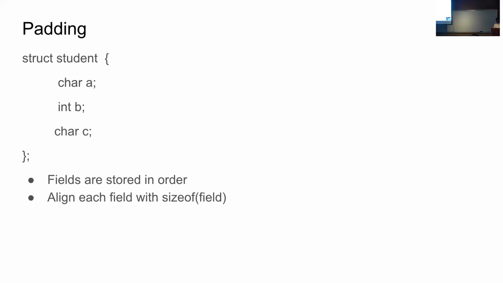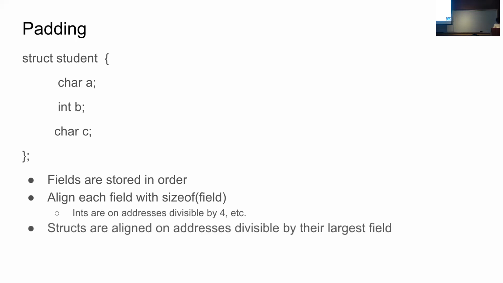So basically this can be any byte in memory. For B, we want to line it up with multiples of 4, right? So field B can start at 0, 4, 8, and so on, right? And then C also just lines up, you can put it anywhere. Okay, structs themselves are aligned on addresses divisible by their largest field.